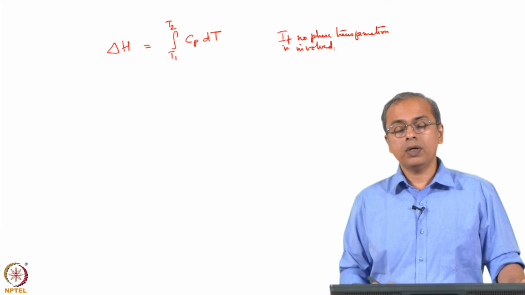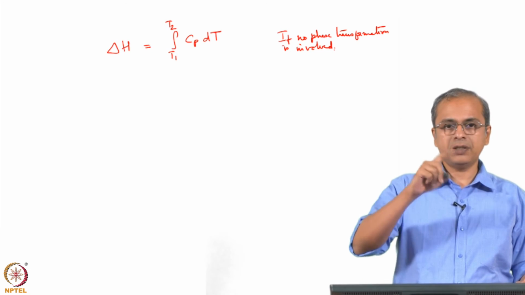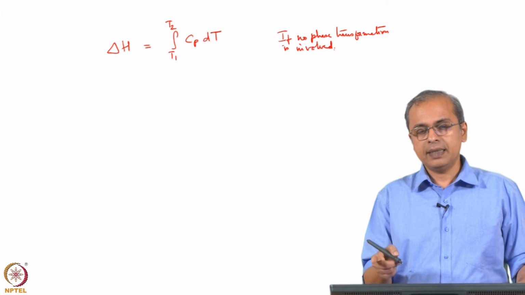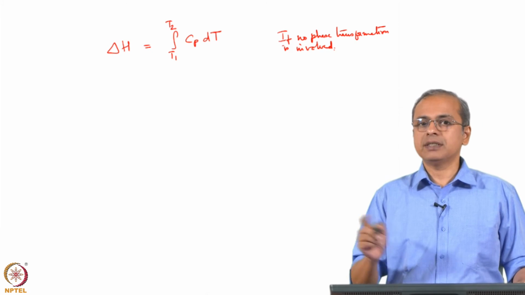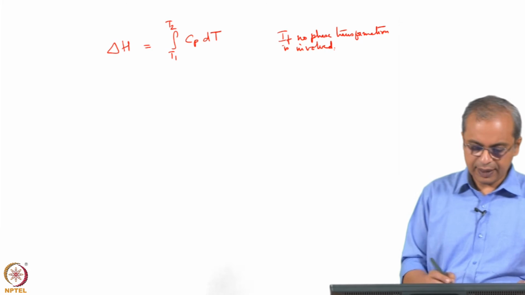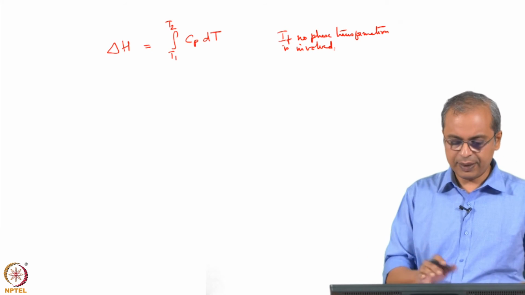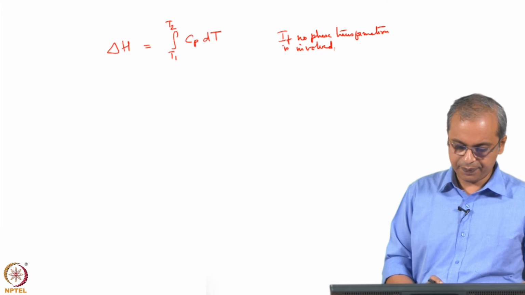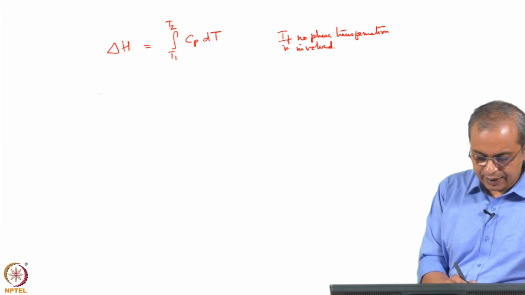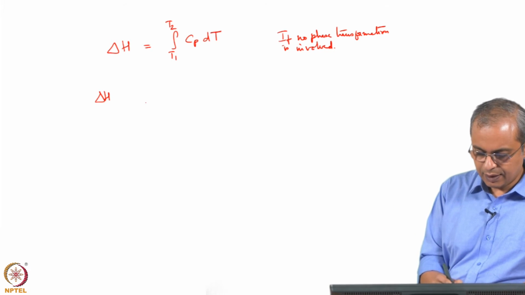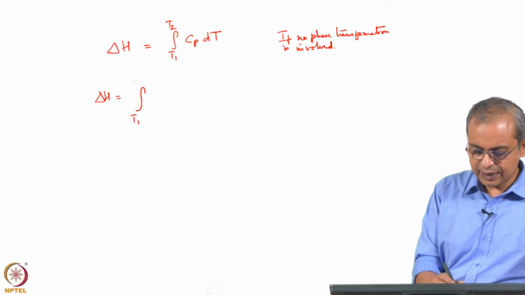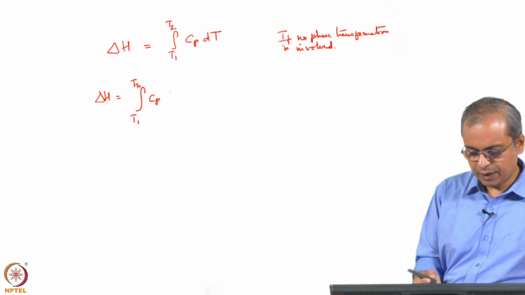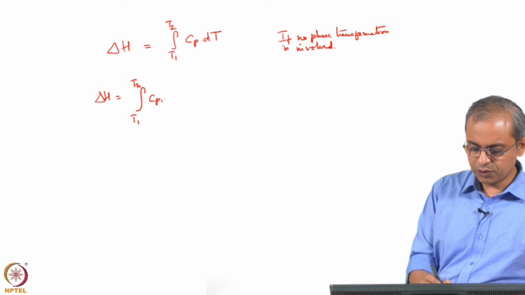Okay. Now, on the other hand, you could also have the possibility that as you go from T1 to T2, there is some temperature in the middle, some transformation temperature Tr, at which there is some phase transformation occurring. So, then what we will have is some variation on this, but essentially still in the same mode. So, you will have delta H equals the integral from T1 to T transformation of Cp1 dT, where Cp1 is for phase 1.